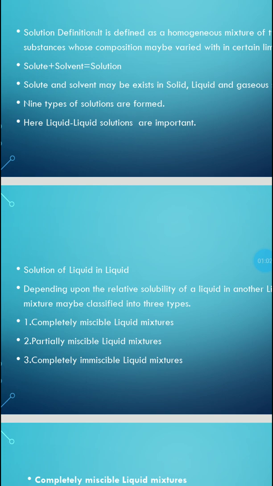And you already know that solute and solvent may exist in solid, liquid and gaseous states. Suppose if the solvent is a solid, the solute may be solid, liquid and gaseous state. So there are three types of solutions formed.